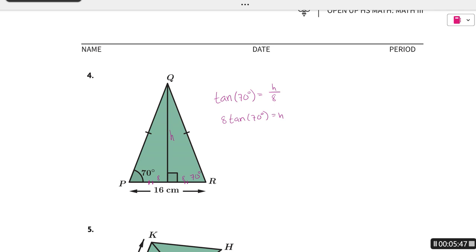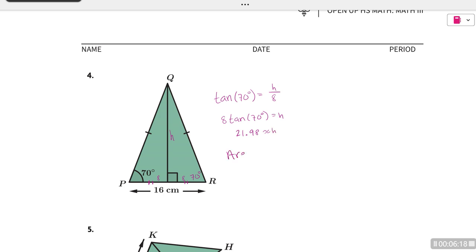So let's pull out our calculator. Since tan of 70 isn't an exact value I can do in my head, we could round it. We know it's going to be near 2 since we know tan of 60, but tan of 70 is about 2.7 times 8. So we get a height of about 21.97. Let's just round up to 21.98 there. So that's our approximate height.